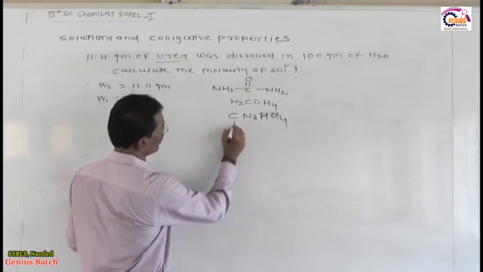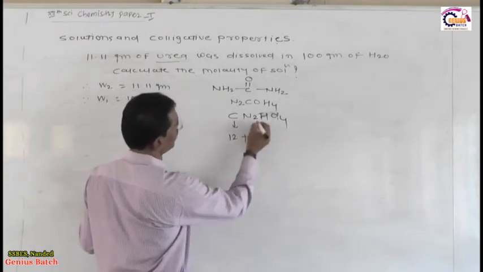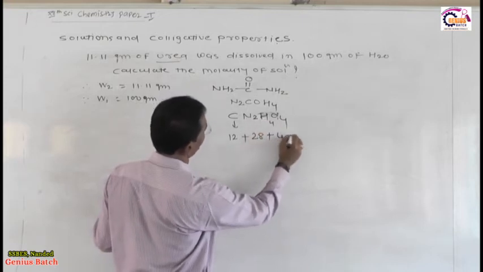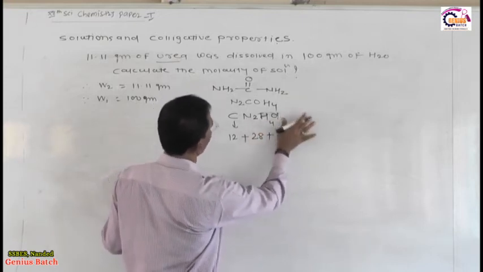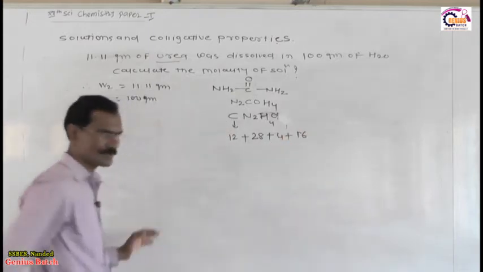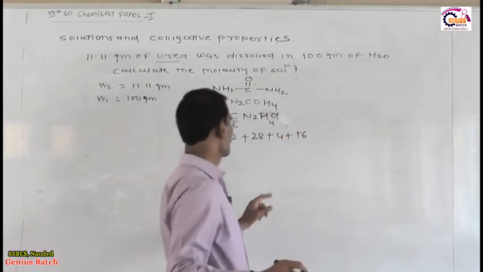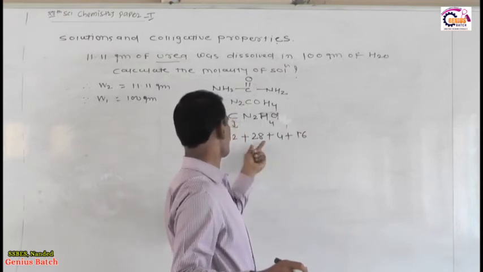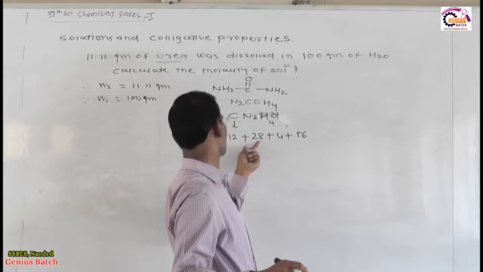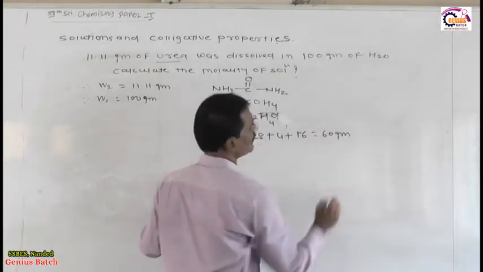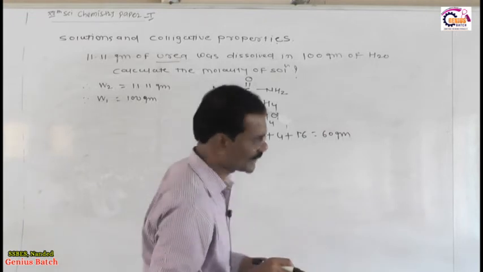Now atomic mass of carbon is 12 plus nitrogen 14, 2 of them are 28, plus 4 hydrogen, plus oxygen, which is only 1, atomic mass 16. Add 16 plus 4, 20. 20 plus 28, 48. 48 plus 12, this becomes 60. Therefore molar mass of urea is 60 gram per mole.